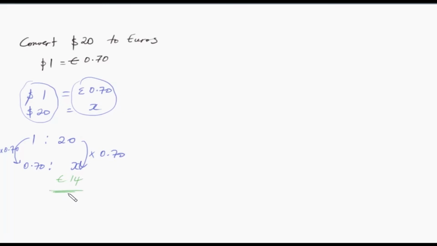Or you could just cross multiply here and say, this times this, which is x, is equal to this times this, which is 14 euros. That's basically what you can do. I'm just emphasizing that when we convert between currencies, we can use ratios.